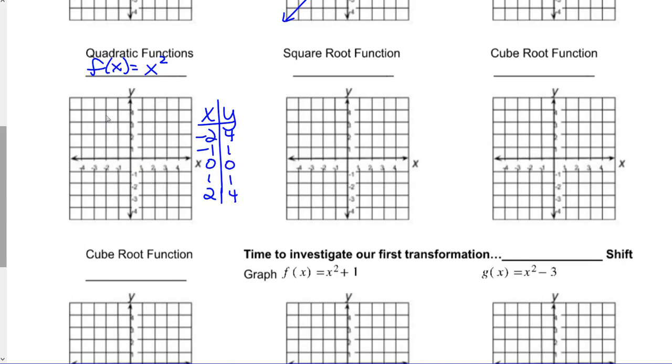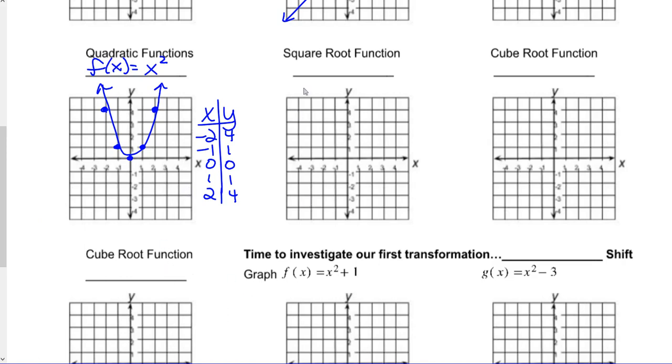The graph of y equals x squared is that parabola, which I refer to as our U shape, where we talk about some minimums. The chart here is going to be very, very important later on.